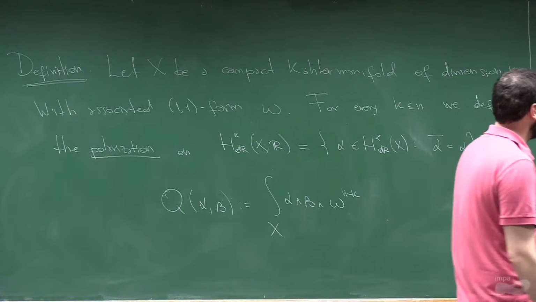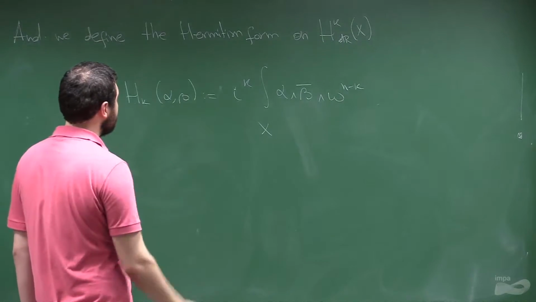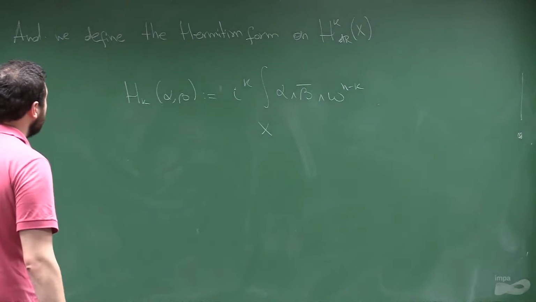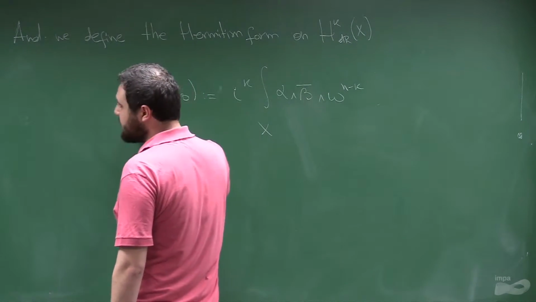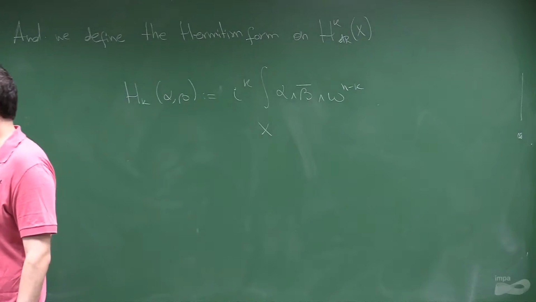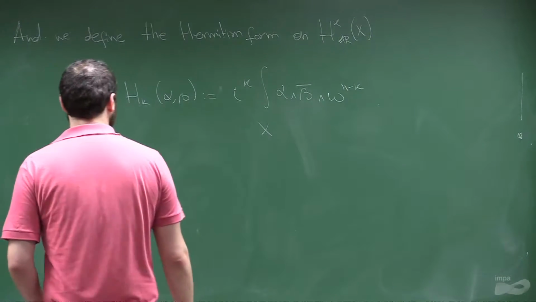Okay, this is a Hermitian form. That's easy to check. And we will use this Hermitian form in order to prove the properties of this polarization.